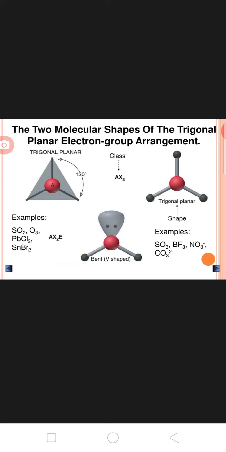When there are two bond pairs and one lone pair, then when they are placed in three dimensions, on one side the lone pair and on the other side two bond pairs, the bent or V-shaped geometry is formed. In the case of sulfur dioxide, tin bromide, tin chloride, stannous chloride, all these molecules are bent shaped, and their angle is about 118 degrees. The angle between the two atoms is 118 degrees.